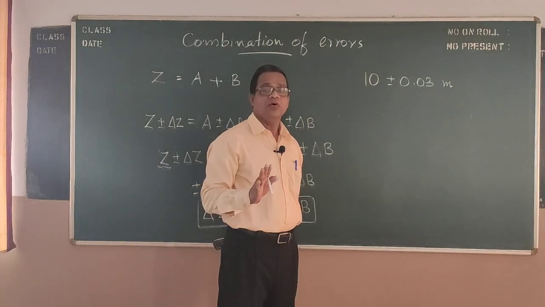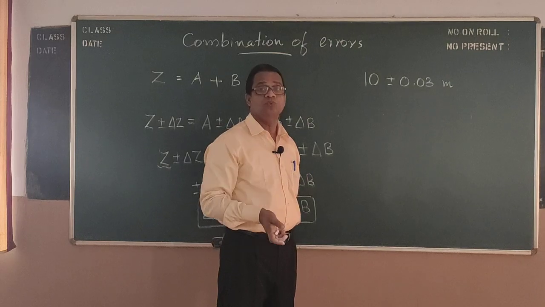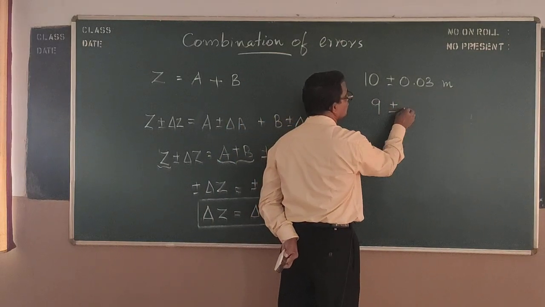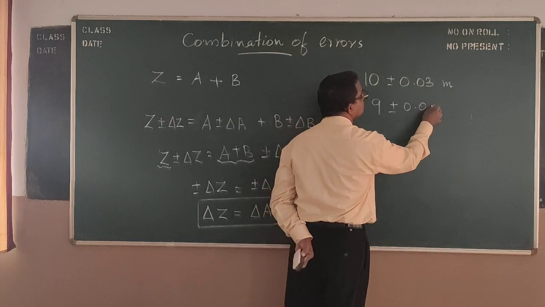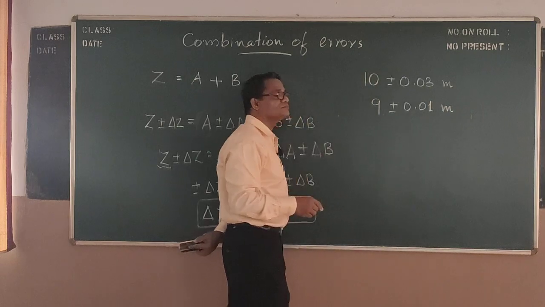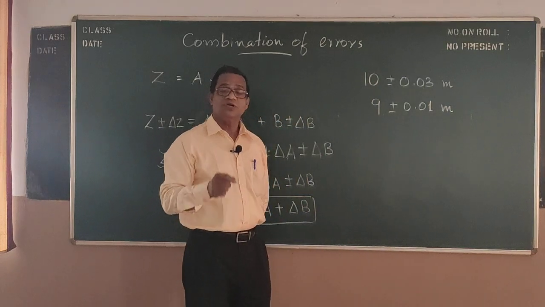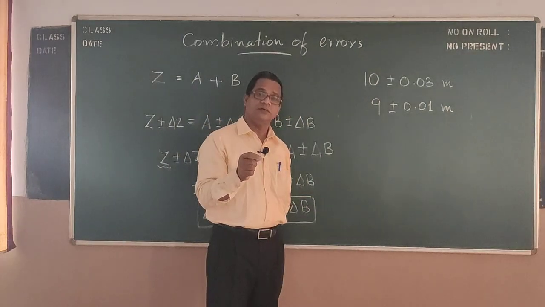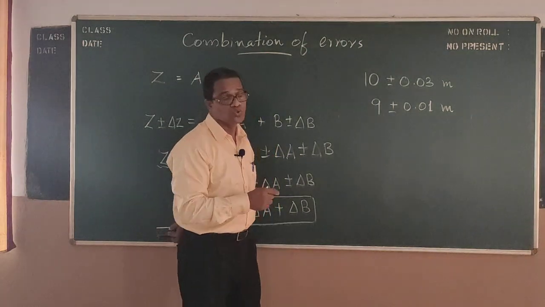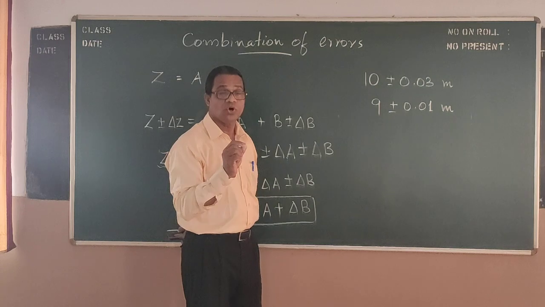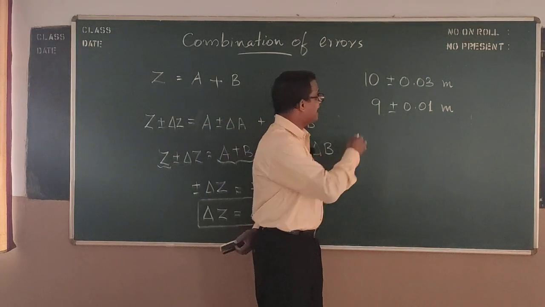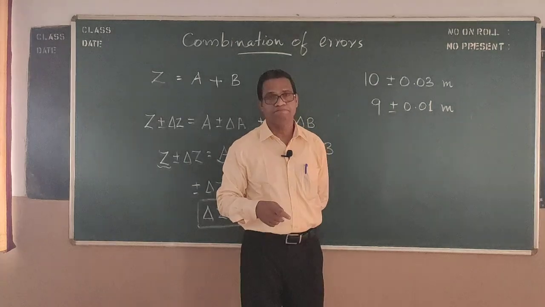Now, the length of the next room is 9 plus or minus 0.01 meter. If I ask you to find the total length of the two rooms, you are supposed to add the two and get the final result.